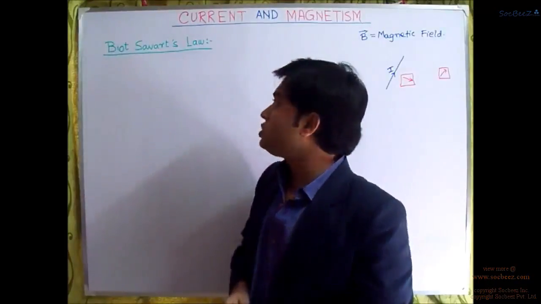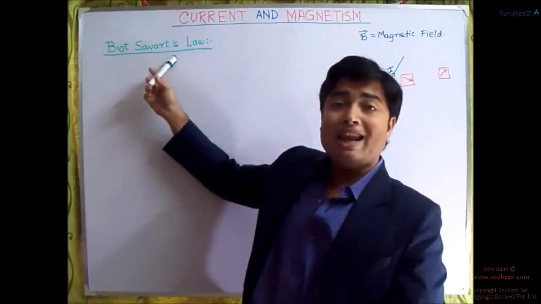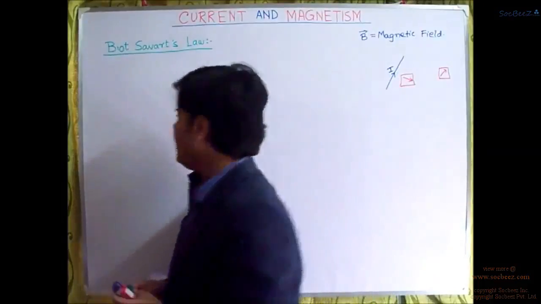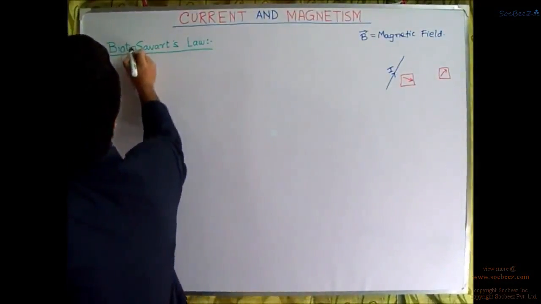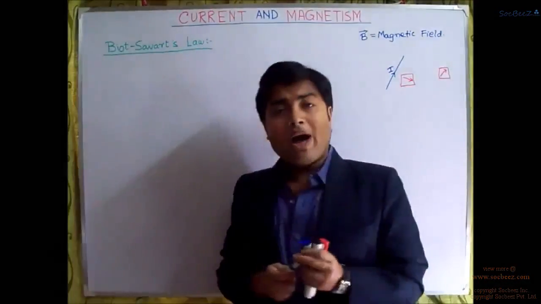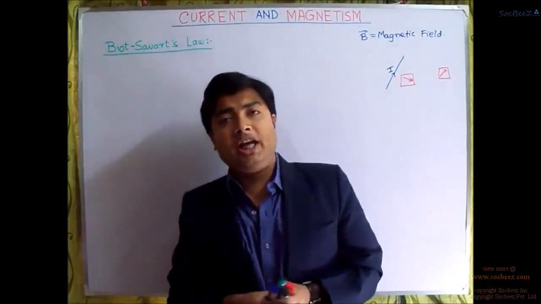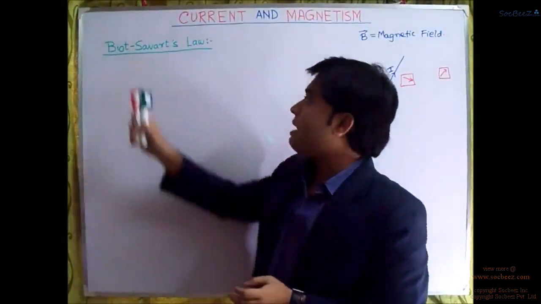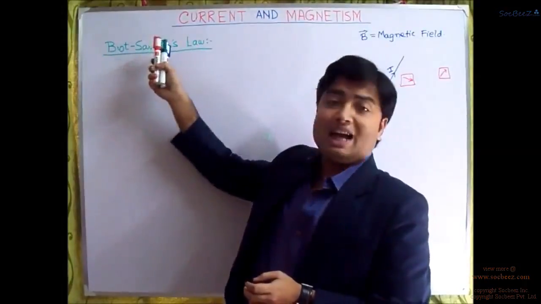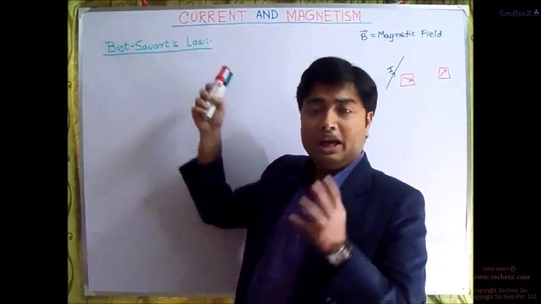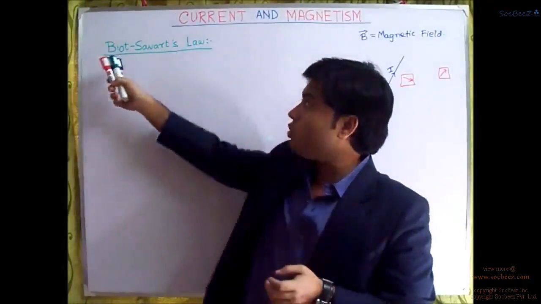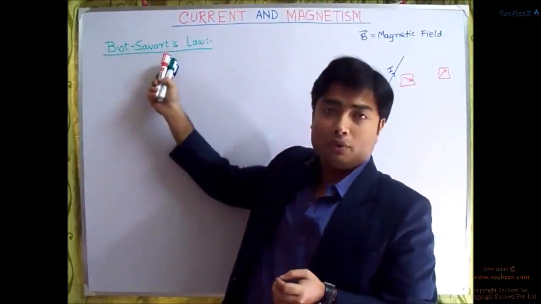And the fourth one is Félix Savart. Right now we are going to study the law given by Jean-Baptiste Biot and Félix Savart in collaboration, known as the Biot-Savart Law.